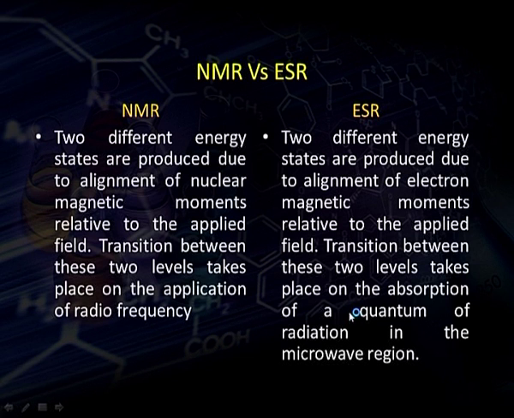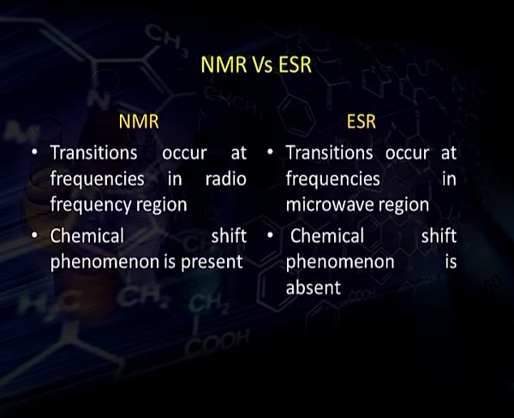In ESR, two different energy states are produced due to the alignment of electron magnetic moments relative to the applied field, and the transition between these two levels takes place by absorption in the microwave region. The transition in NMR occurs at frequency in the radio frequency region, while in ESR transition occurs in the microwave region. The chemical shift phenomenon is present in NMR. We have already studied this in the technique NMR, while this phenomenon, chemical shift, is absent in ESR.